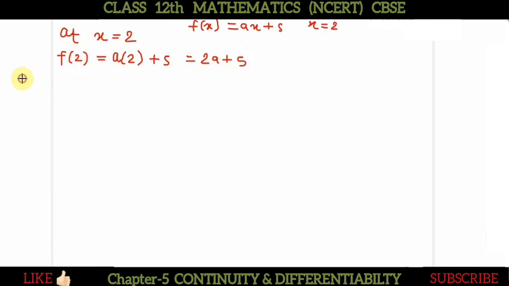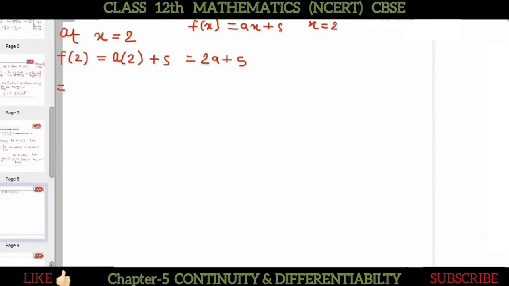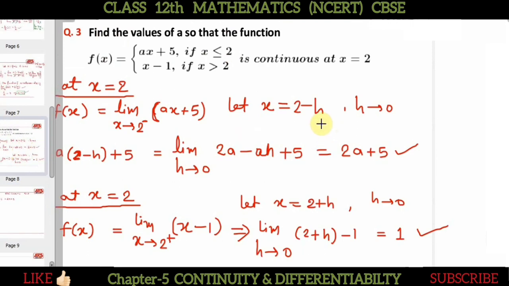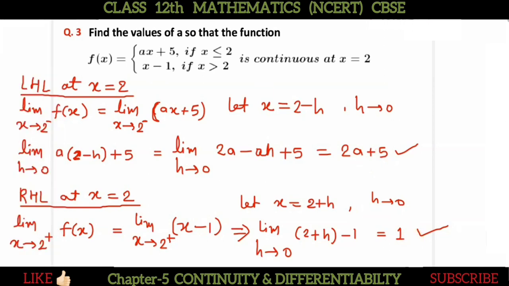Okay, so we would like to recall all the values. For the LHL we got 2a plus 5, and for the RHL 1.